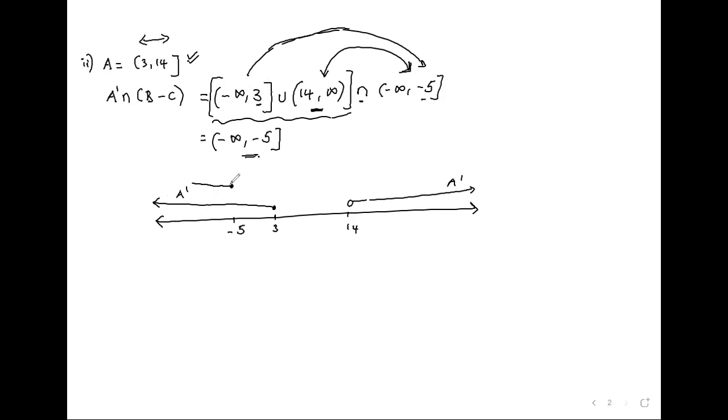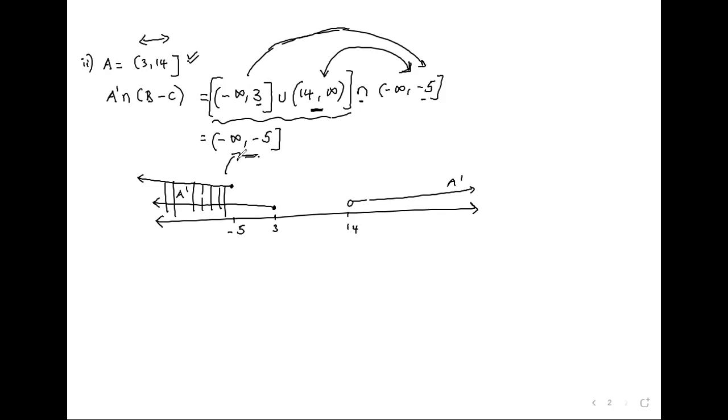Close here, go all the way up to this side. Where they intersect here, which is negative infinity to negative 5. That's how you get a solution there.